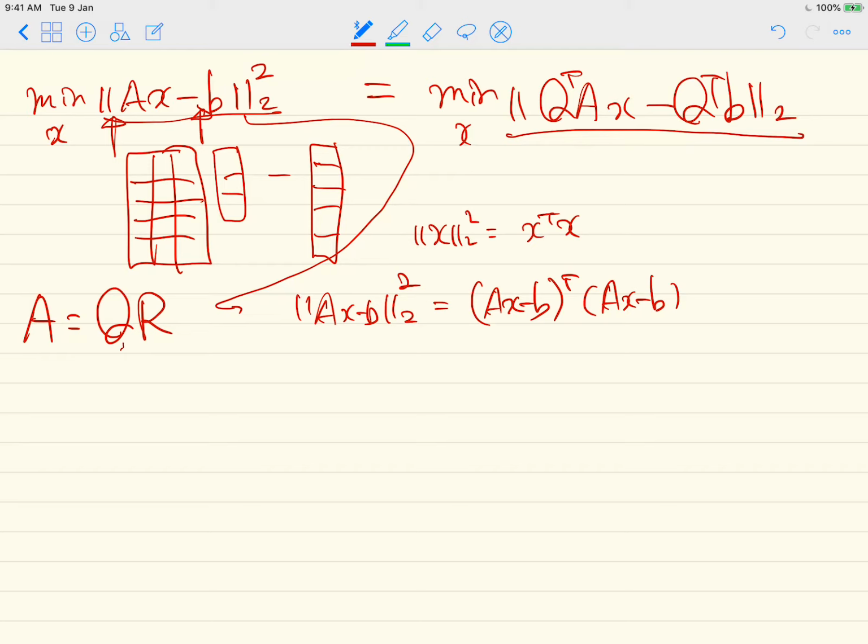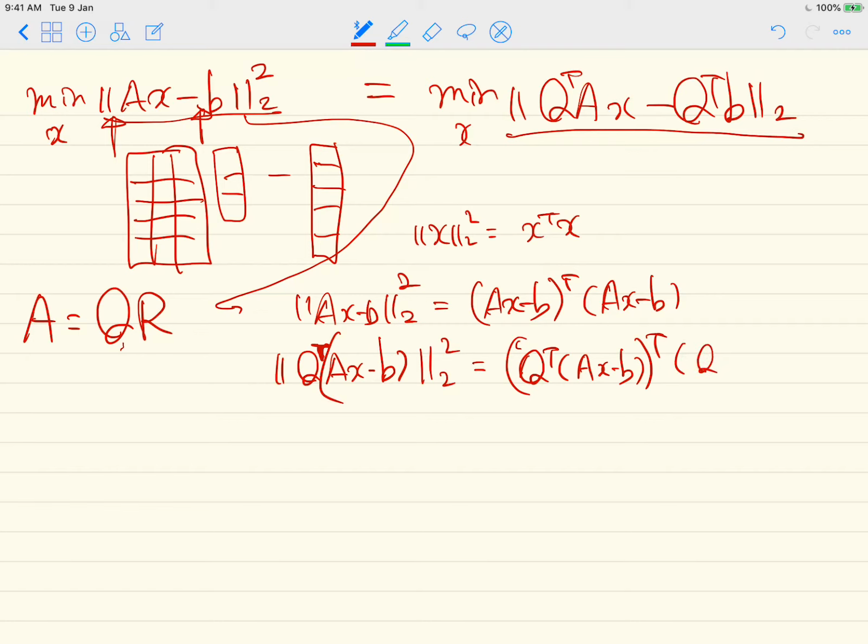Okay, and then let's consider this guy, or this guy. Okay, so in this case, (Q transpose Ax minus b) transpose and (Q transpose Ax minus b), right?